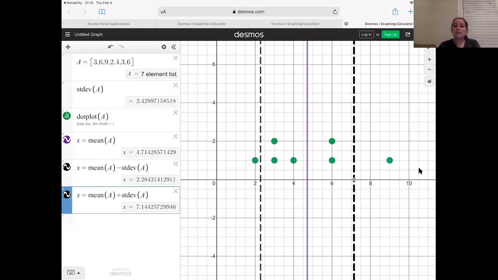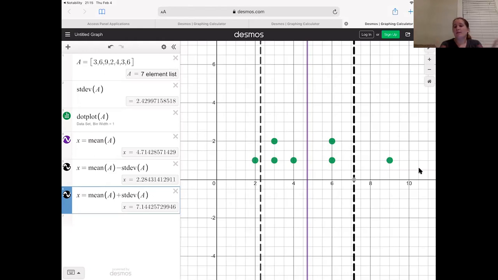So notice that we have 5 points inside those lines and only 2 points outside those lines. But that last point on the right is fairly far to the right. Standard deviation puts extra weight on the points that are far from the mean. There's that square in the formula, so it puts a lot of extra weight on the farther points and less weight on the close points.